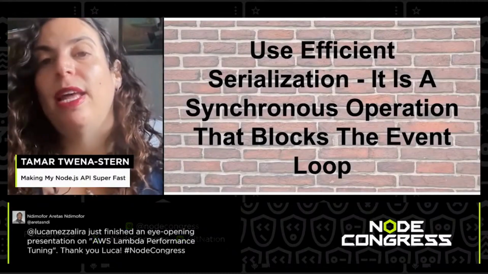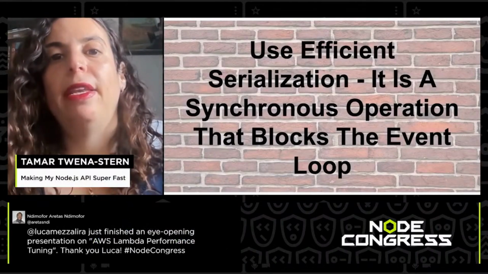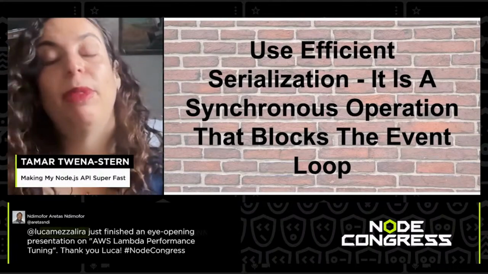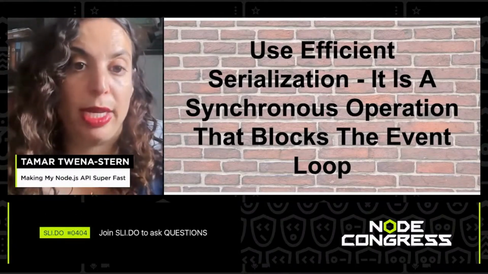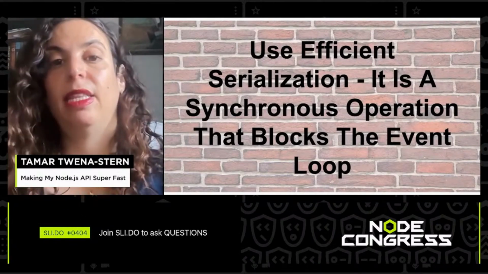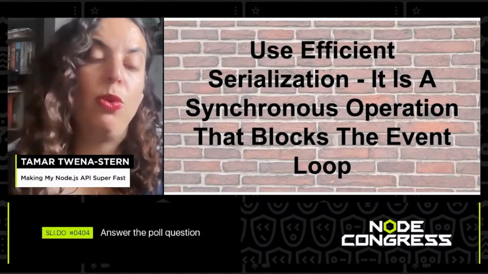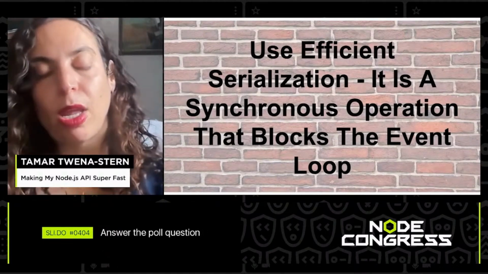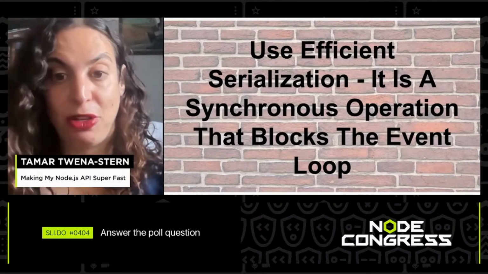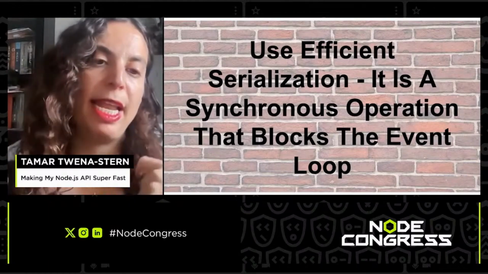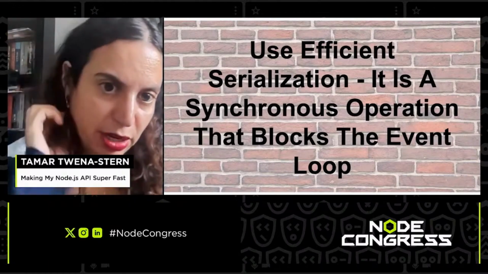When we're working with HTTP and implementing a POST request, we are deserializing the HTTP request body. And when we are implementing a GET request, we are serializing the response body and giving it back to the server.